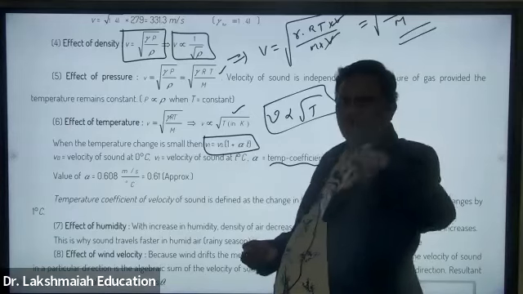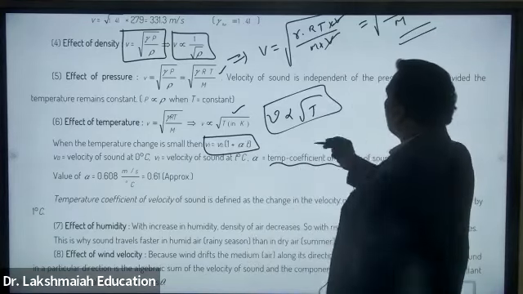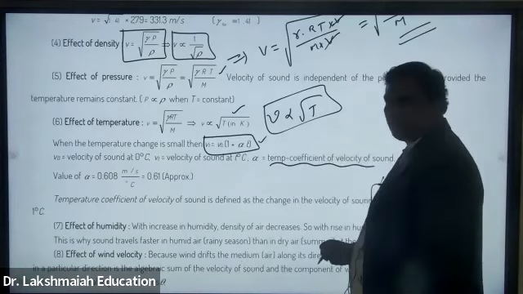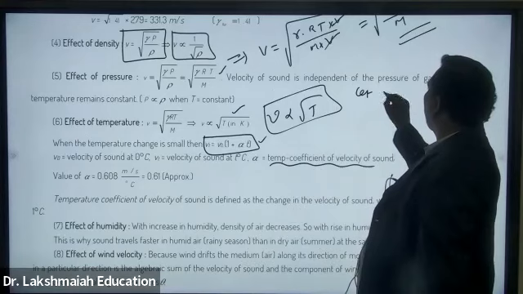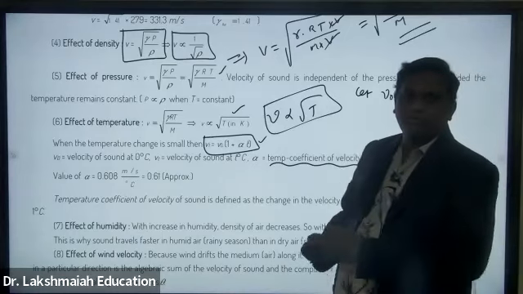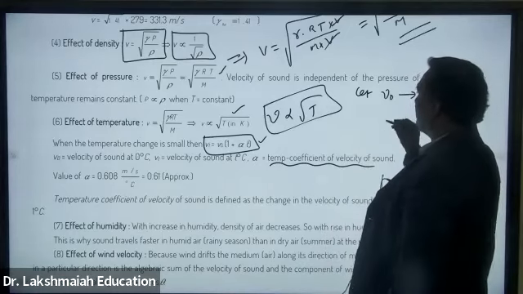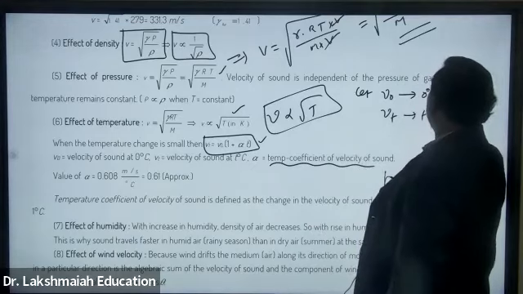So you have to start with 0 degree centigrade onwards. How we got this equation, I will tell you. Please see. Let V0 be the velocity of sound at 0 degree centigrade, and Vt the velocity of sound at T degree centigrade.